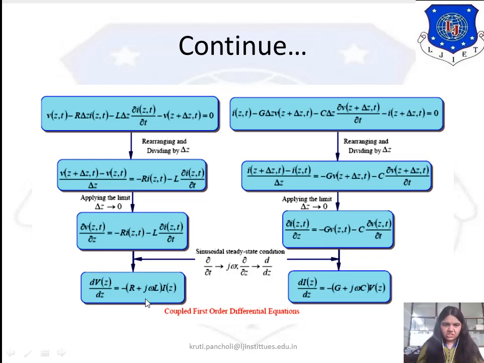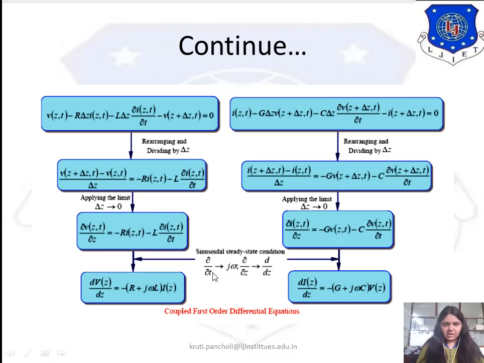So this equation you can write as del V(Z) by del Z is equal to minus (R plus j omega L) I(Z). So it is the first order differential equation.